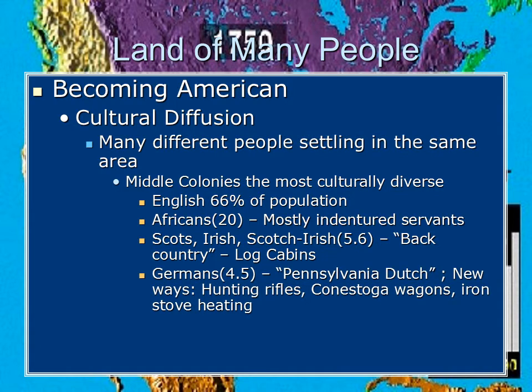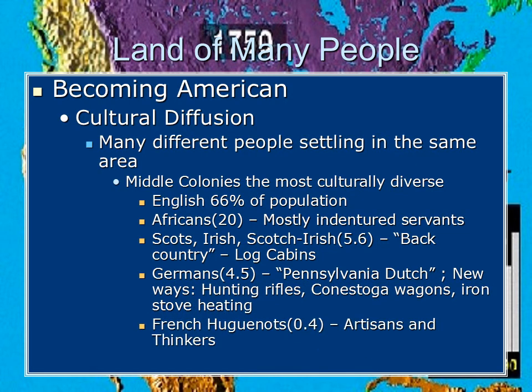The Pennsylvania Dutch, or Germans, are also major contributors to symbols of young America. They are bringing hunting rifles, which play a very large role not only with the frontier but also when it comes time for the Revolution. The Conestoga wagons, and then iron stove heating.